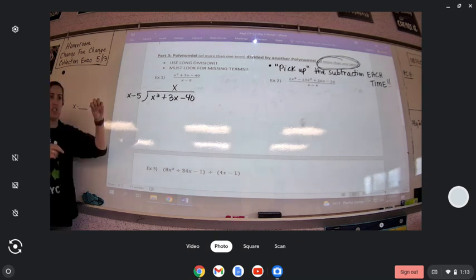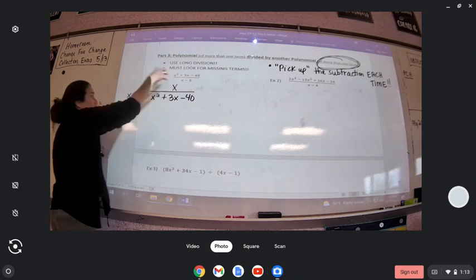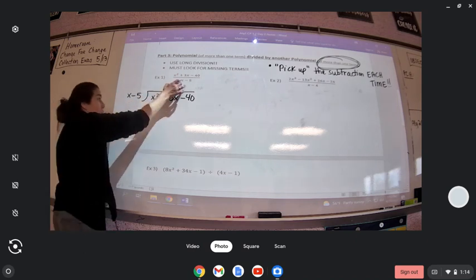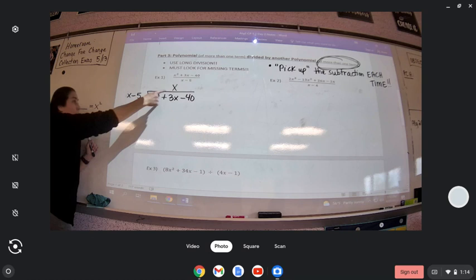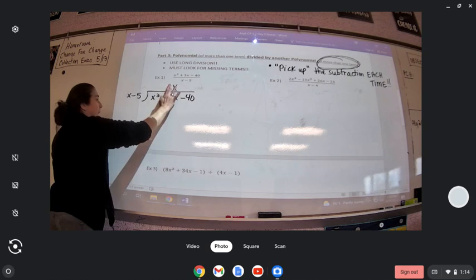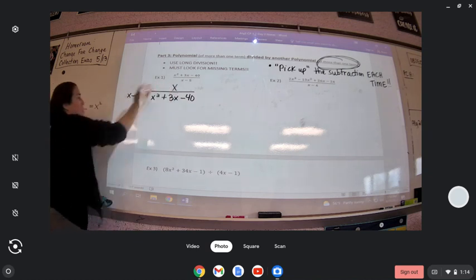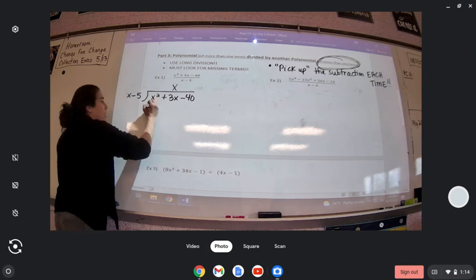All right, so that was the division step. Now we have to multiply them in. So before, whatever we wrote up here, we multiplied with this. So we're going to multiply this with that, but we have to distribute it. Now again, everybody just soak this in. It's only the first one. What is x times x squared? Oh my God, what is x times x? X squared.